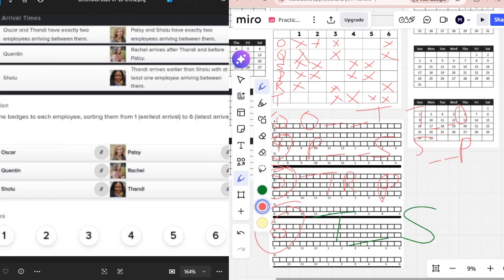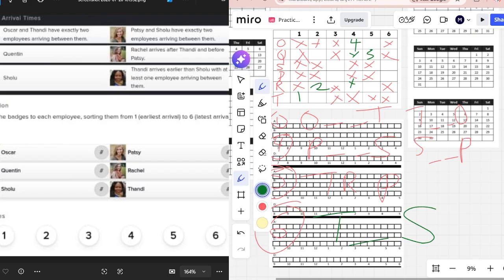Eventually, we have the one left as Tandy being number 1. Rachel will become number 2. Oscar will be number 4 because they have to have one in between. Number 5 can be Quintin.